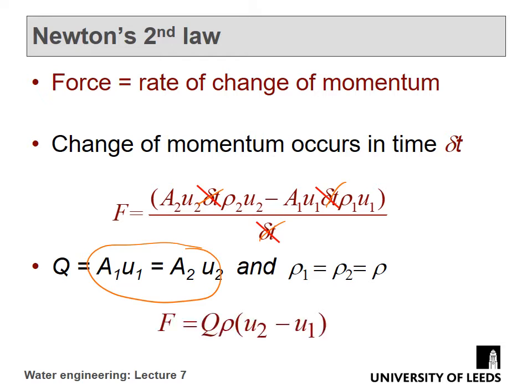And this simplifies quite quickly to: the force on the fluid is rho Q times the velocity out minus the velocity in. Nice and simple equation that we can apply. This is one to remember.